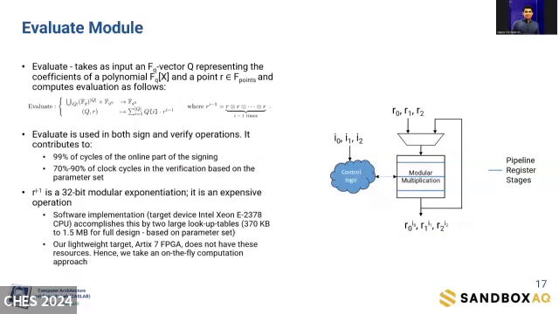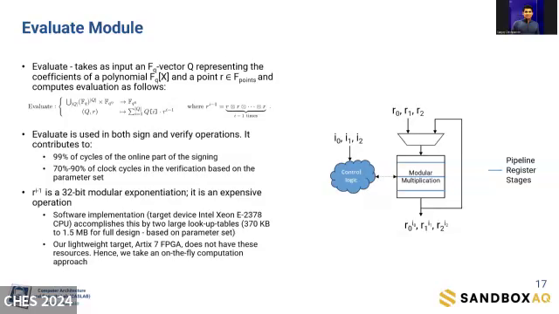The next important module used in the SDITH scheme is the evaluate module. It is used inside the MPC modules. The evaluate function takes as input an FQ vector representing the coefficients of a polynomial FQ of X and a point R, and computes the evaluation with the equation given below.